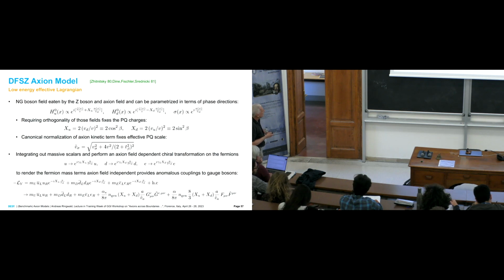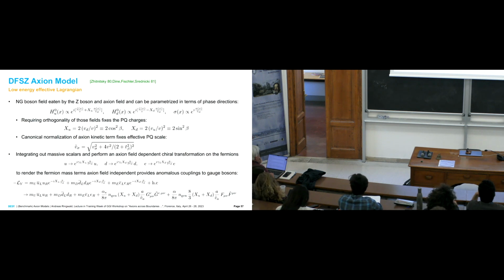And if you do this, then via this Fujikawa method you get just the standard mass terms plus these anomalous interactions with the gauge bosons. Now you can easily understand. You get here the number of generations times X_u plus X_d, and here you get the number of generations times 8/3 times X_u plus X_d, and this 1 over f̃_a.